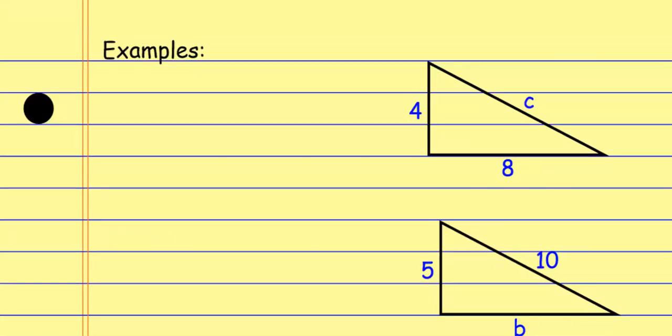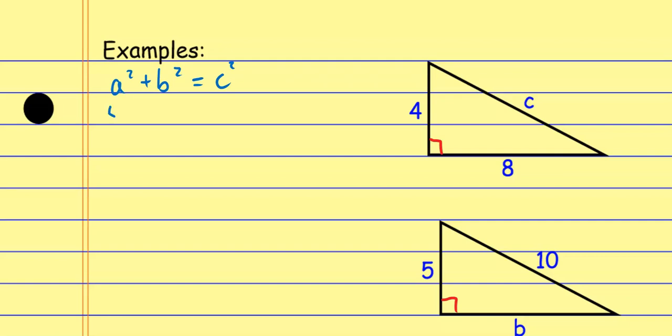For example, if I look at this triangle, I don't have it labeled here, but we can assume this is a right angle right here. I'll fill those in as we go. A and b are interchangeable. So if I'm doing a squared plus b squared equals c squared, it doesn't matter which one of these is a and which is b.